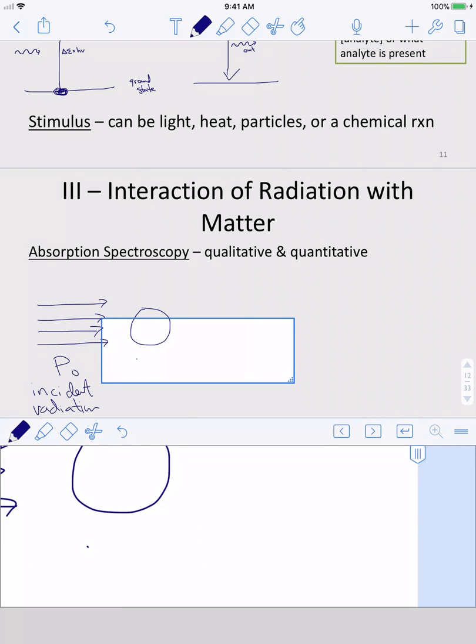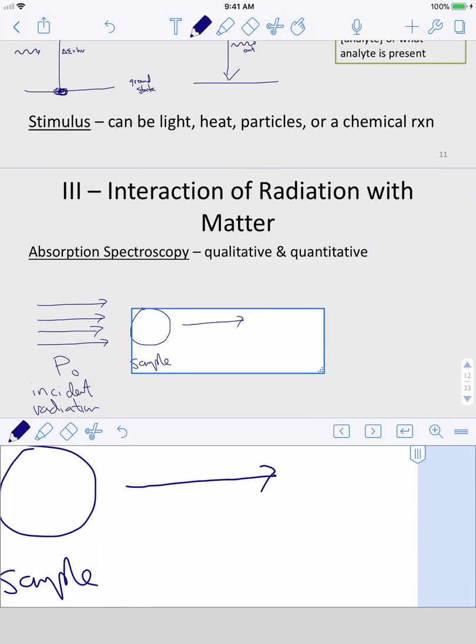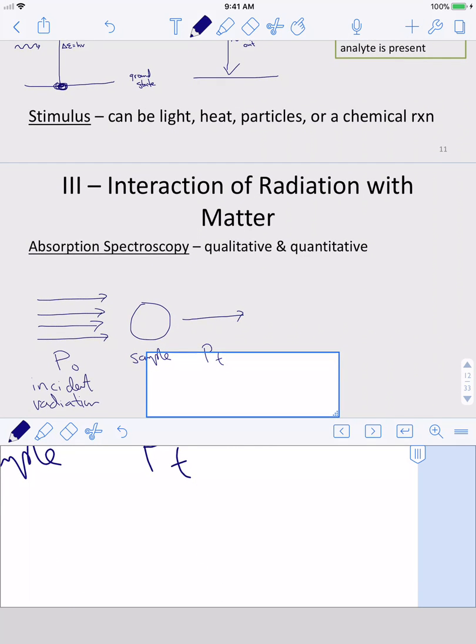So I'm going to draw it as a particle here. Okay. And that sample is going to absorb some light to go to an elevated electronic state or excited state, and out is going to be just some light. So some light makes it through. We're going to call this P sub T for transmitted radiation.